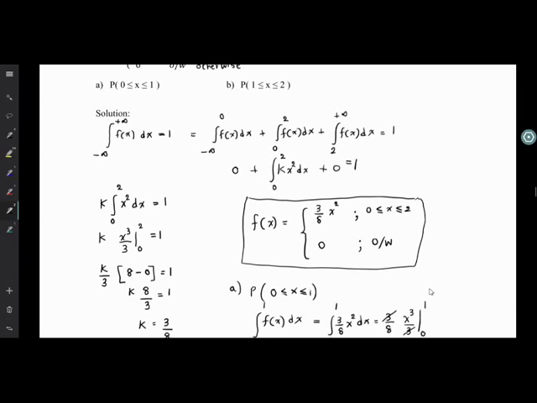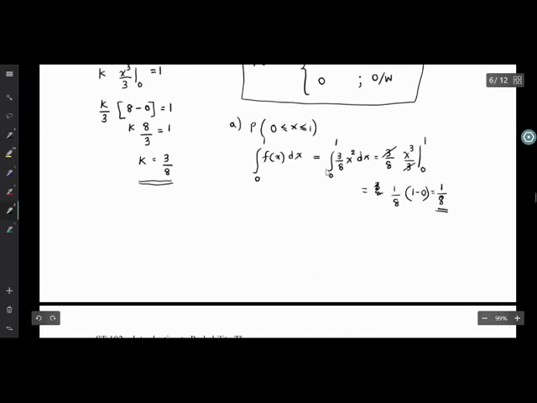Part B, you have to find the probability x from 1 to 2. Now remember, if you write this as 1, 2, that is also the same thing. So integrate from 1 to 2, 3 over 8 x square dx.